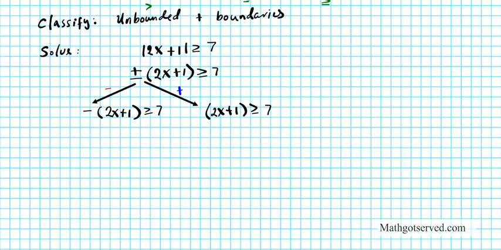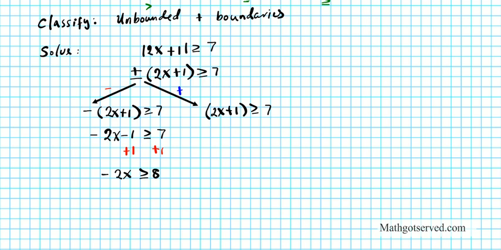Okay, so for this one, I'll distribute the negative to both terms in this quantity. So we have negative 2x minus 1 is greater than or equal to 7. Now to solve this, we can do this in two steps. We add 1 to both sides, and then divide by negative 2. So you add 1, and that gives you negative 2x is greater than or equal to 8.